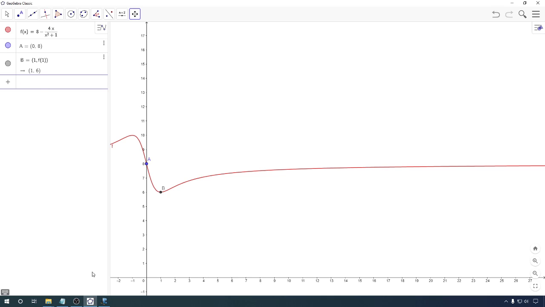It turns out here that we have a horizontal asymptote. If we look at the line y equals 8, this graph gets closer and closer to 8 as we go off to infinity, but it never quite reaches 8, at least over here. It reached 8 at 0. So in this particular case, we do have an absolute maximum of 8 at 0.